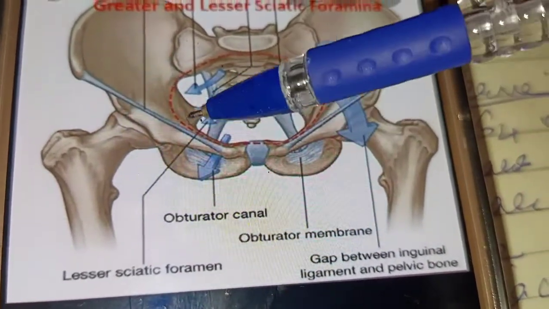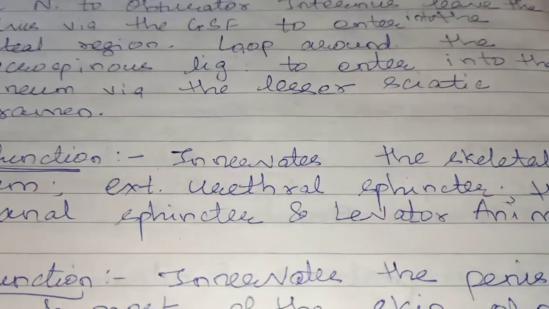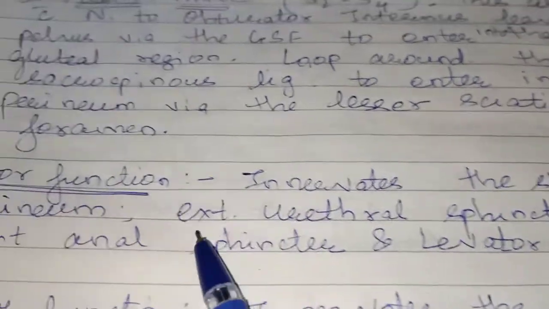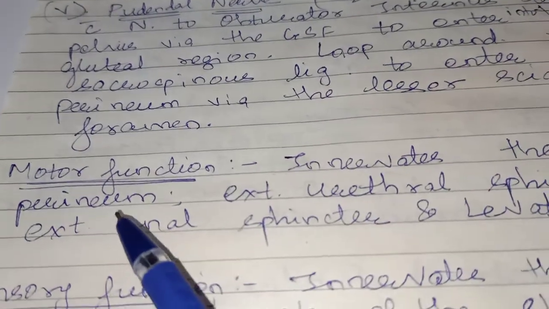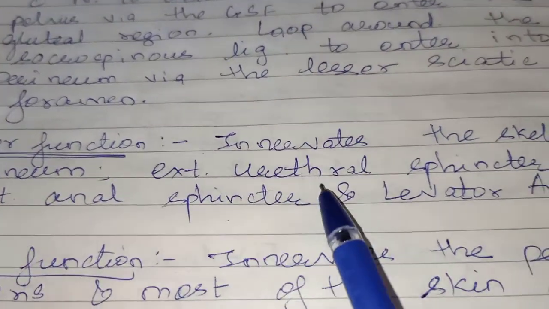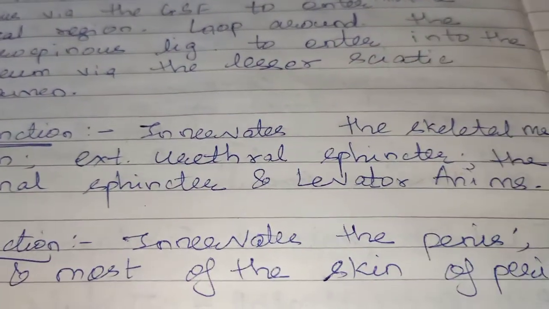It will supply the perineum. The motor function is that it innervates the skeletal muscles of the perineum: the external urethral sphincter, the external anal sphincter and the levator ani muscle.